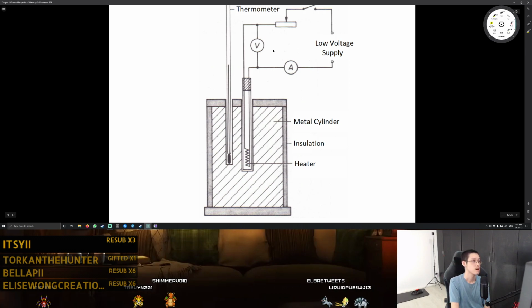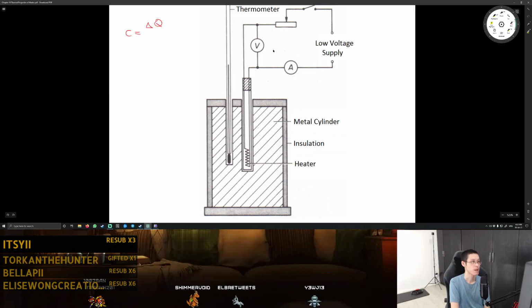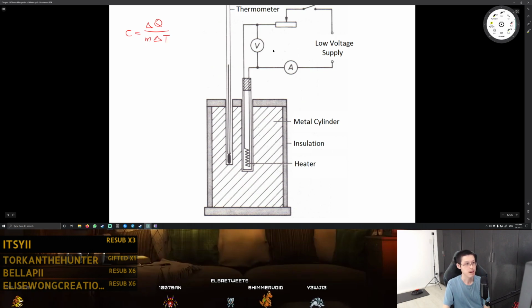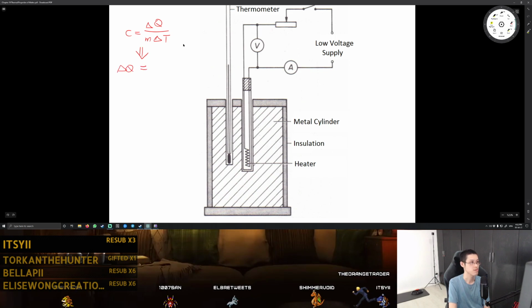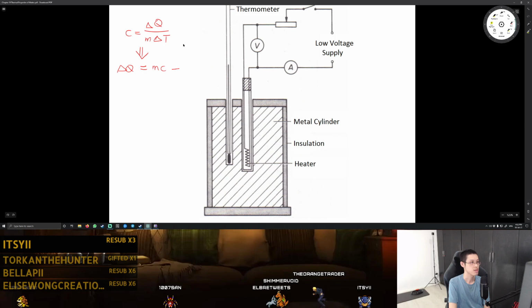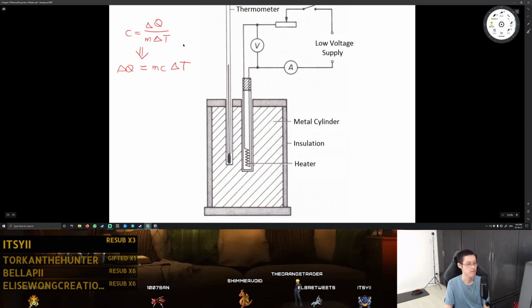So remember that C is equal to energy over M times change in temperature, right? And the original equation was this guy is equal to mc delta T, like so. So M you can measure before the experiment by putting this metal cylinder on a weighing balance.